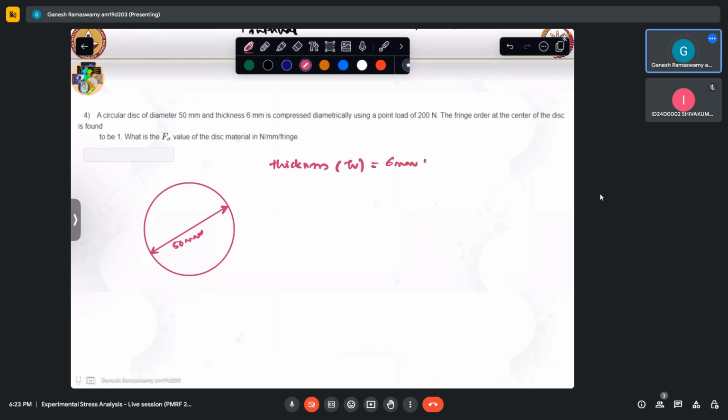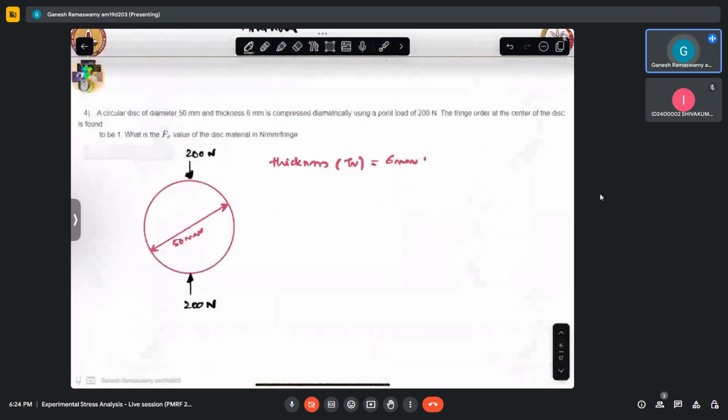It is compressed diametrically. Let me draw the force in red. So it is compressed like that along its diameter with a point load of 200 newtons. So this is 200 newton, this is also 200 newton.